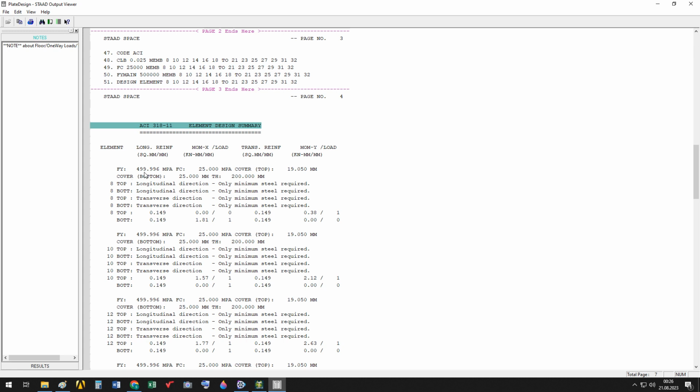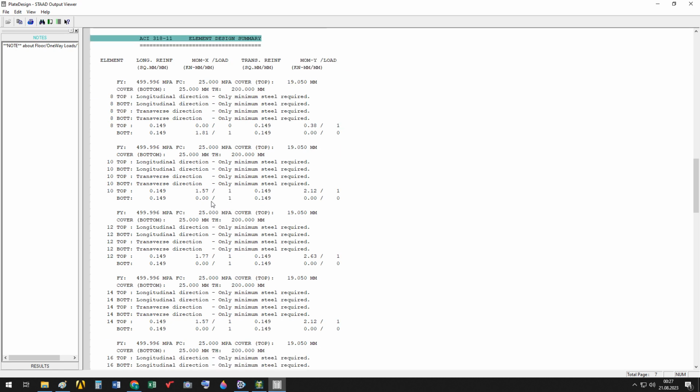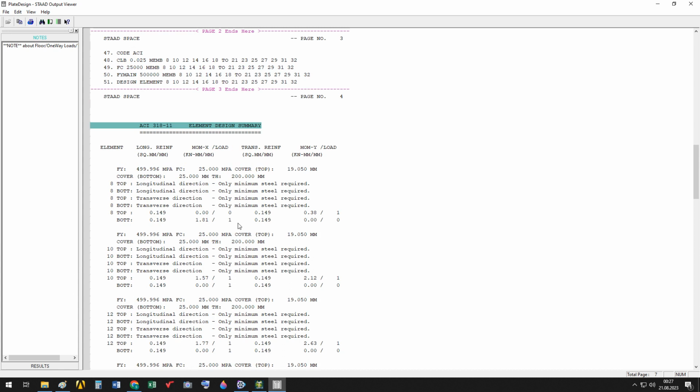But for example, longitudinal reinforcement, square millimeter per millimeter, is given here, but we see nothing. Maybe because of this analysis, the results are so.